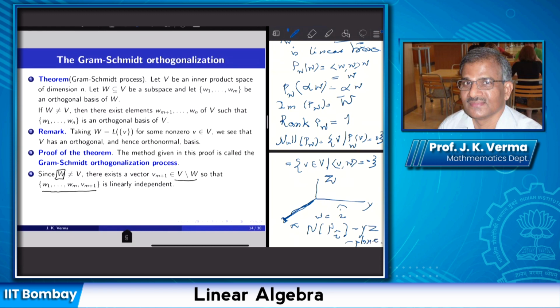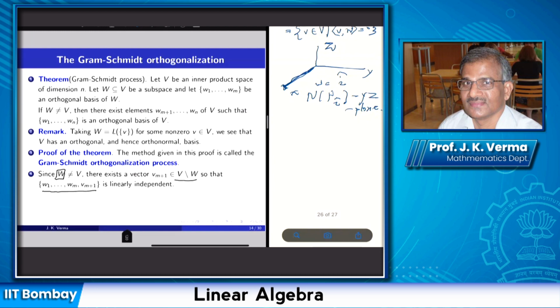Okay, so therefore the null space is all vectors which are perpendicular to W. Right, but we know the rank-nullity theorem.